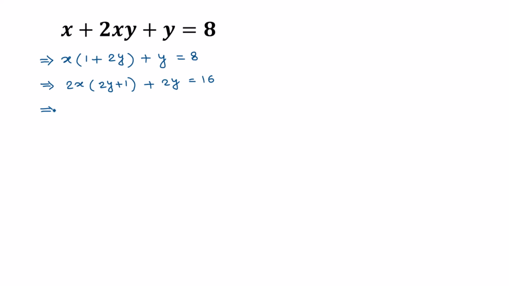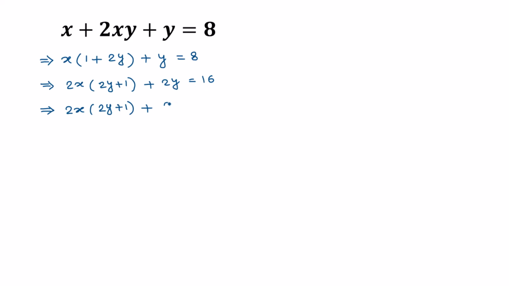Here we have 2y + 1, so to make 2y + 1, we have to add an extra 1 to both sides.